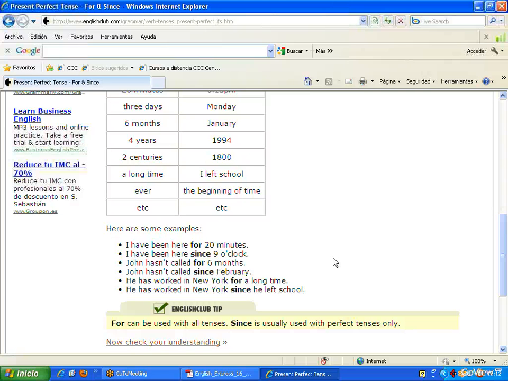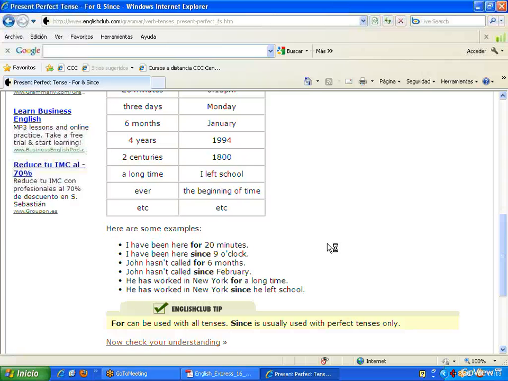I've been here for 20 minutes. That's the period of time I have been here. But I have been here since 9 o'clock. Bueno, desde. Es decir, aquí desde las 9. No sé exactamente qué es la hora ahora. I don't know what the time is now. But I have been here since 9 o'clock.